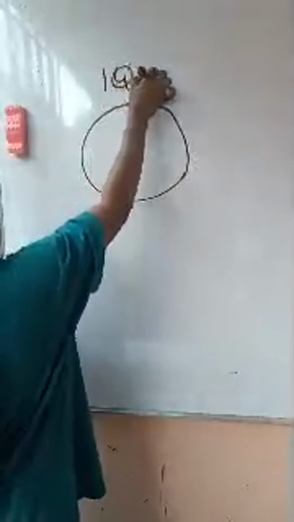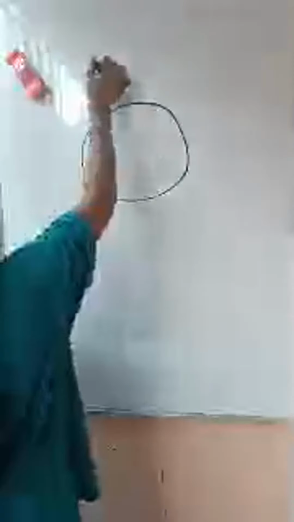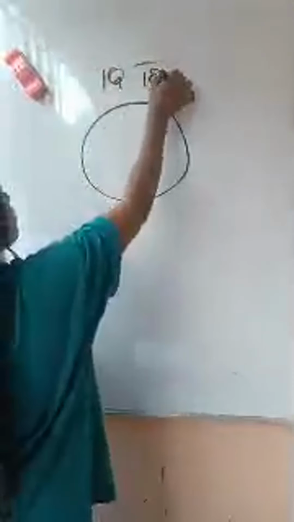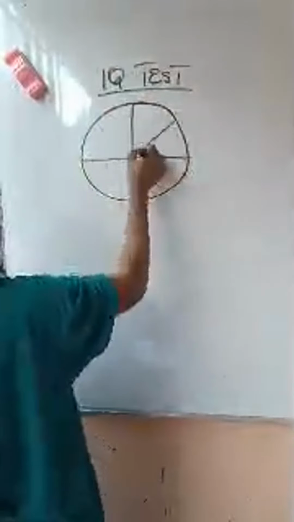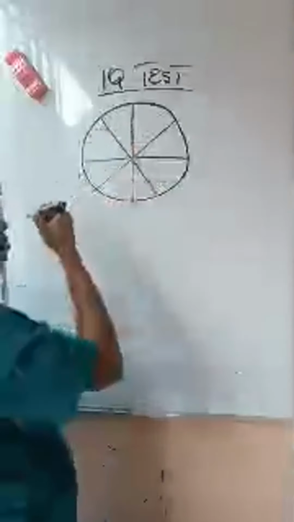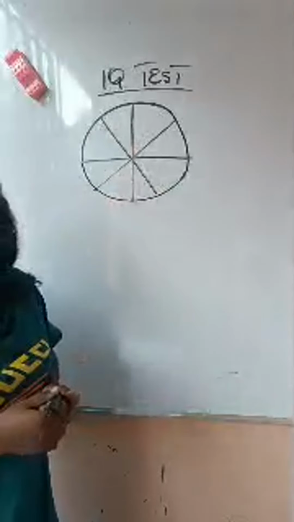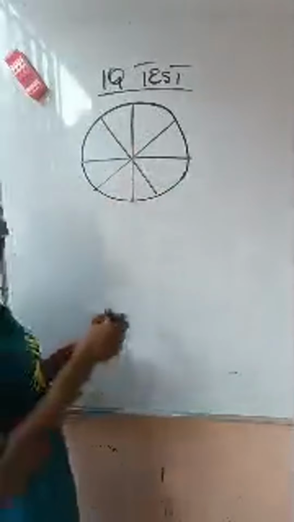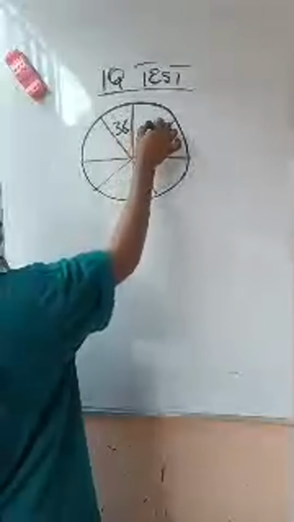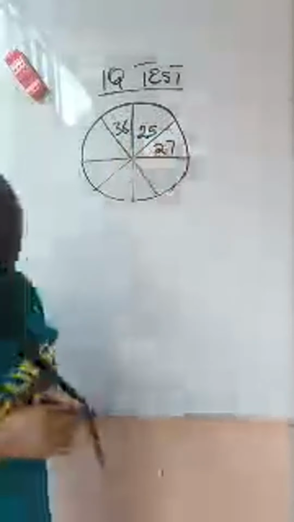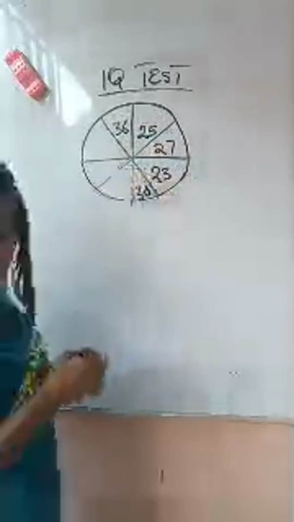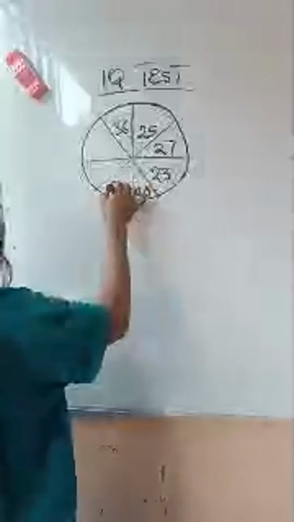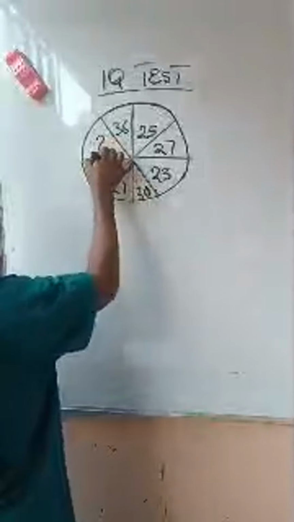Now, this question says, so this is IQ test. So we have this, we have this, we have this, we have this. Now we have 36, we have 25, we have 27, we have 23, we have 30, we have 21, we have 33, and we have question mark.